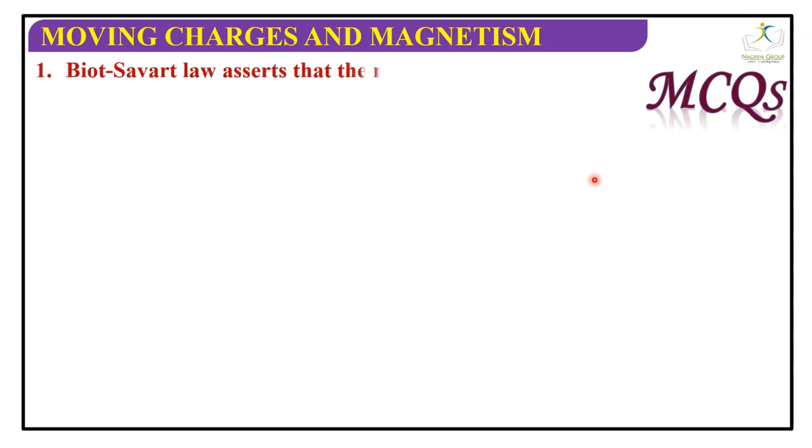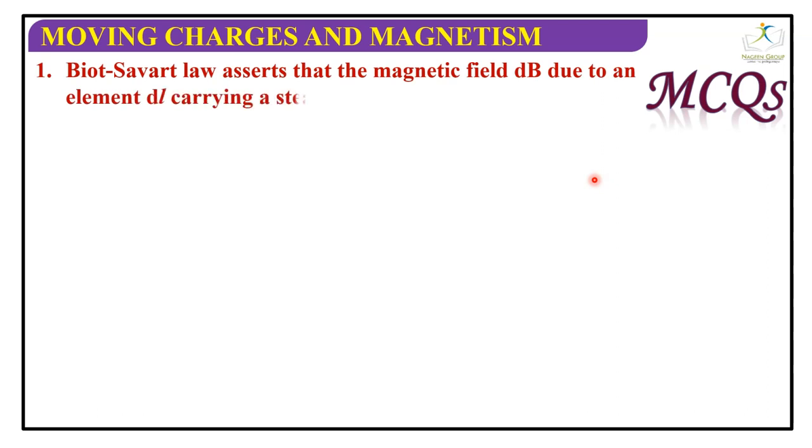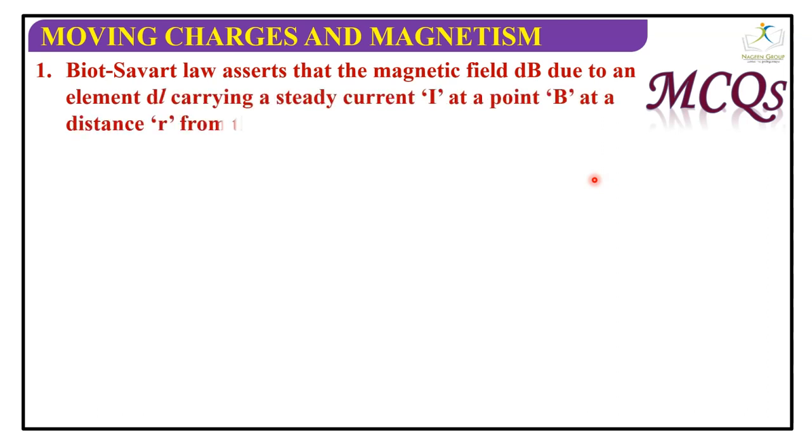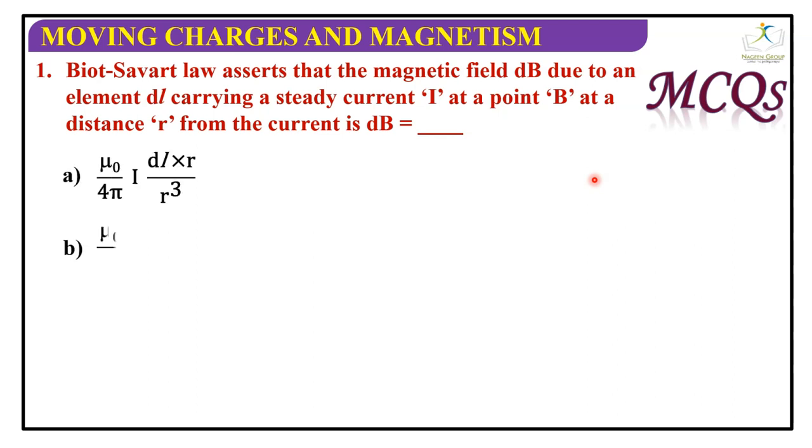Biot-Savart law asserts that the magnetic field dB due to an element dl carrying a steady current I, at a point at a distance small r from the current, is dB equal to what? Here we have these options.